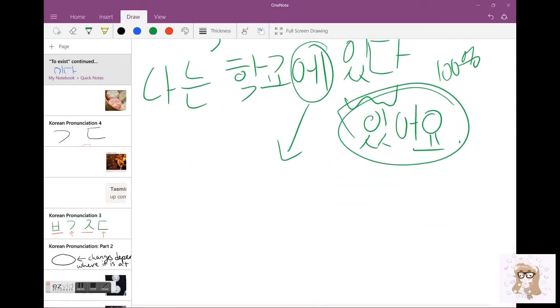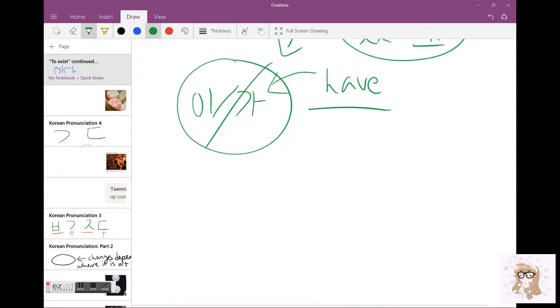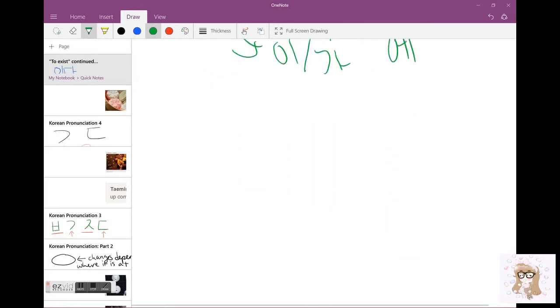The reason why they use this instead of e or ga in this case is because ga kind of implies that you have something. It is used more for when 있다, because remember I said that 있다 could kind of mean that you have something or you're at somewhere. So e and ga are used more when the object is something you have, but e is for something you're at.